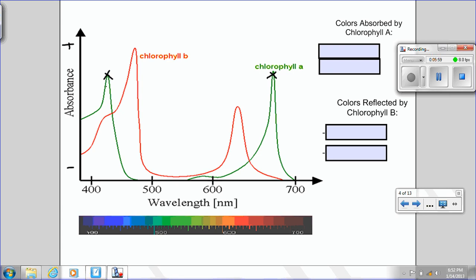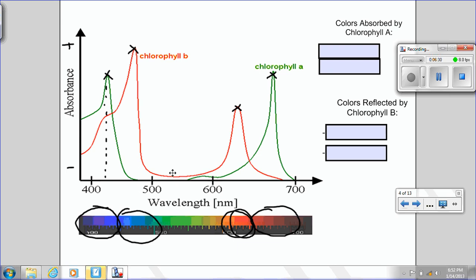If you read down, you'll notice that chlorophyll A absorbs most of its wavelengths within the 400 to 430 range and the 650 range. On the other hand, chlorophyll B has 2 spikes in different places that allow it to absorb light in the 475 range and the 600 to 625 range.